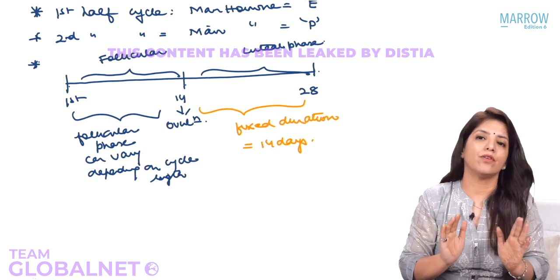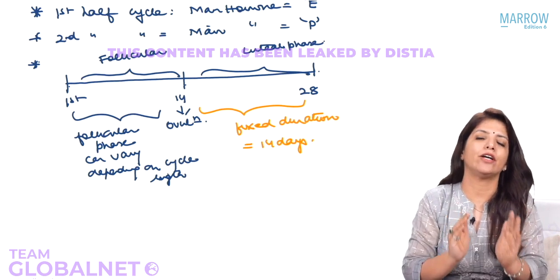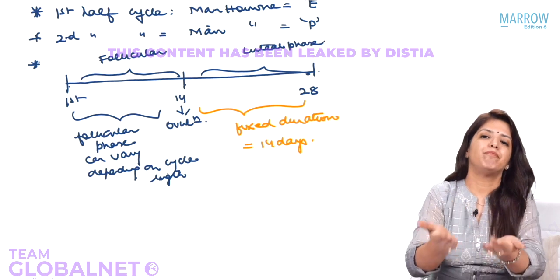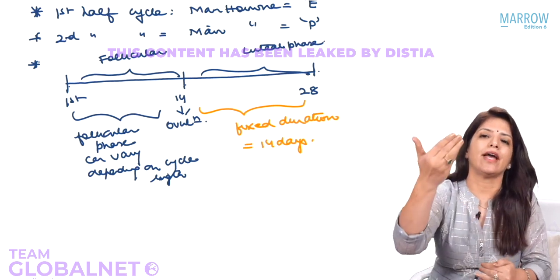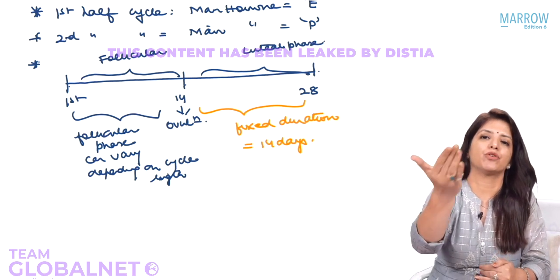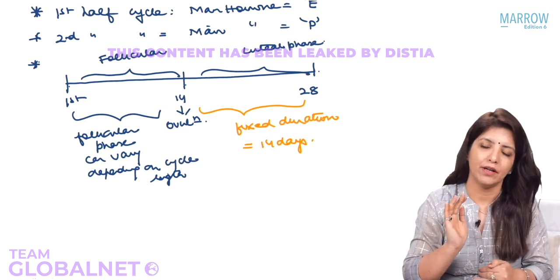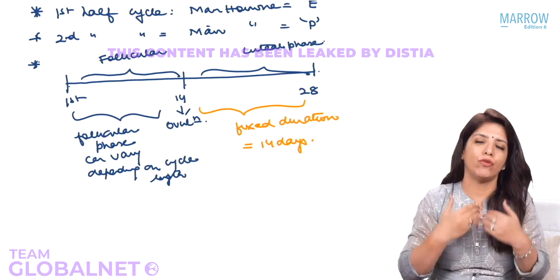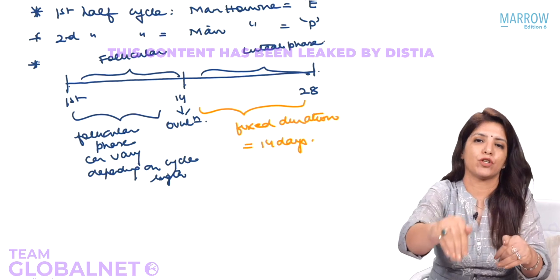In other words, in order to calculate ovulation, what did I do? I counted backwards from the next day of menstruation. From the next menstruation, I counted 14 days backward. I am not going to count the day of ovulation forward from this time's menstruation.